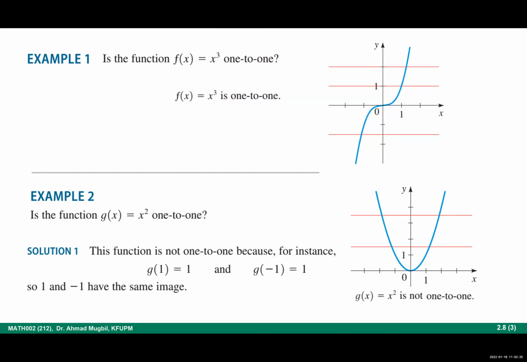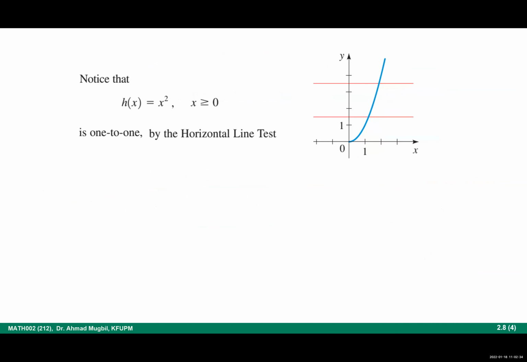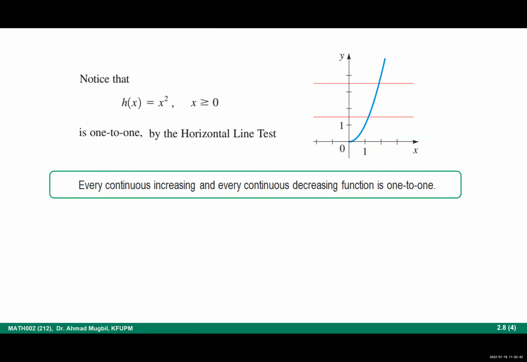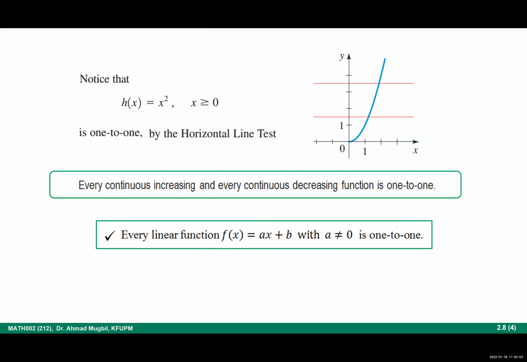The cubing function is an example of a one-to-one function. X squared over its entire domain is an example of a function that is not one-to-one. But if we restrict the domain such that we take only the increasing part or the decreasing part, it will be one-to-one. We generalize that every continuous monotonic function, which means always increasing or always decreasing, is always one-to-one.